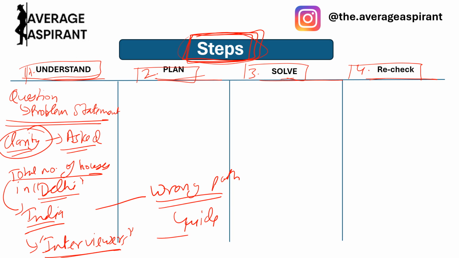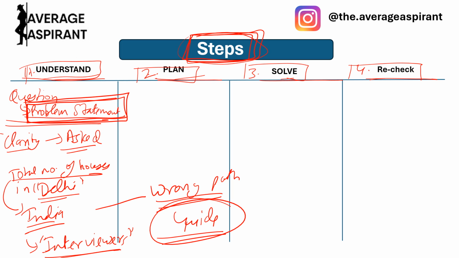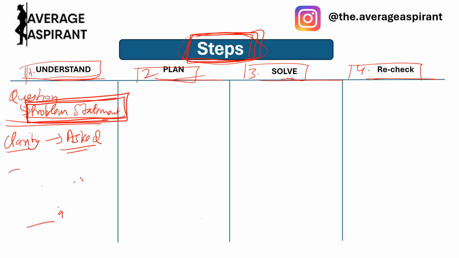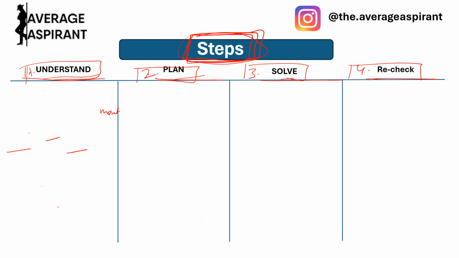There will be very few people who will guide you in the right direction. So it is important that you understand the problem statement correctly. You should have clarity on the problem statement. It should be very crisp, very to the point. If they have asked you the number of houses, you will calculate the number of houses. If they have asked you the number of tube lights, you will calculate the number of tube lights. It should be that clear.